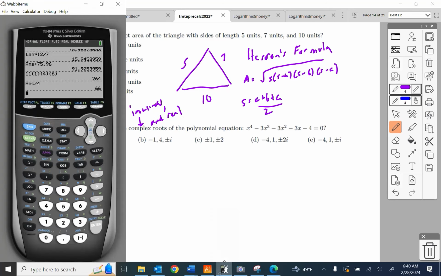So I'm just going to use the storage feature. Let's see here. Let's take a -1, store it to X. Type in the polynomial.